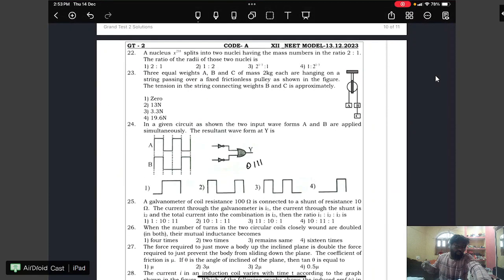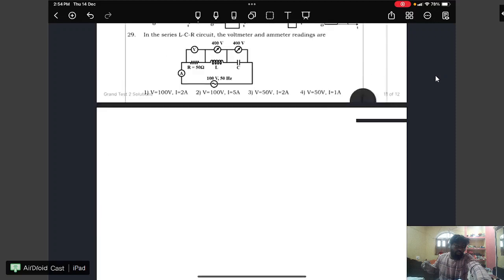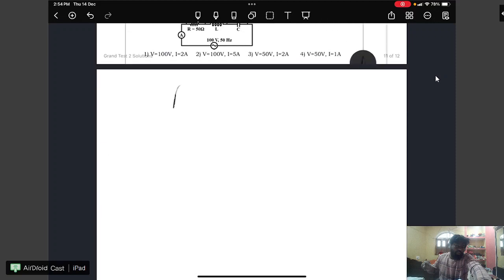Now question number 22. In a nucleus, X235 splits into two nuclei having mass numbers in the ratio 2 is to 1. The ratio of the radii of the two nuclei. Radii and mass number have a special relation: radius is directly proportional to atomic mass number to the power 1 by 3.